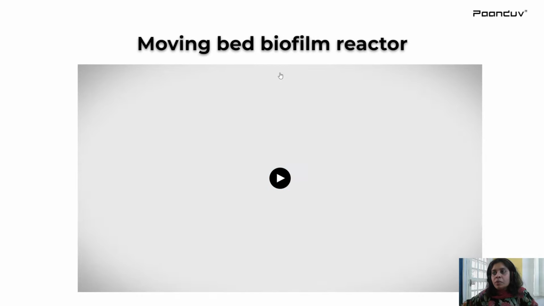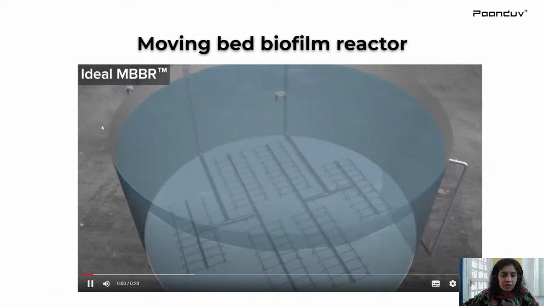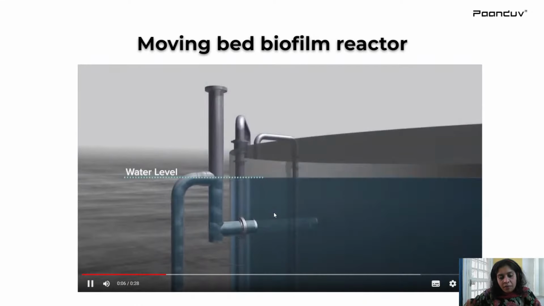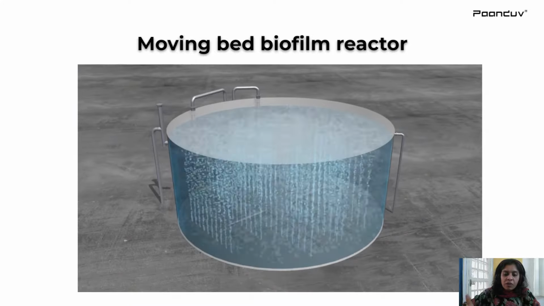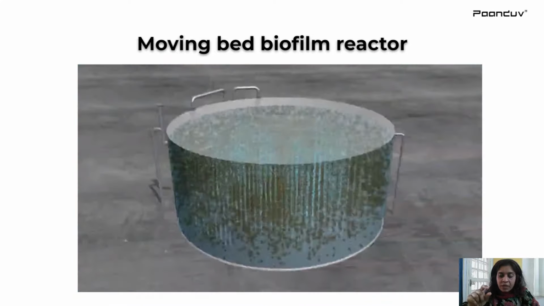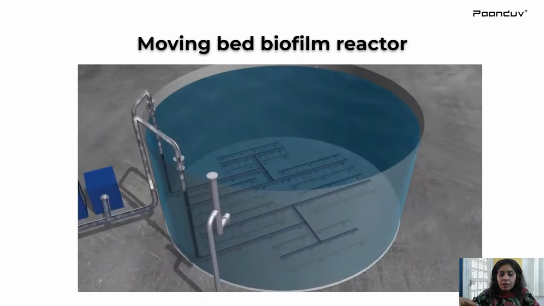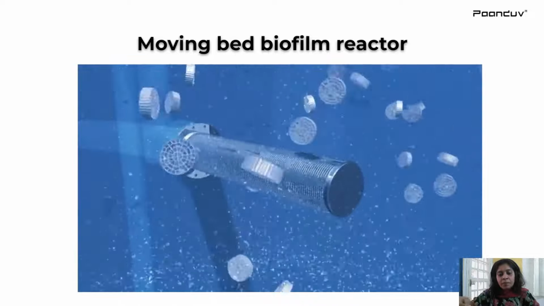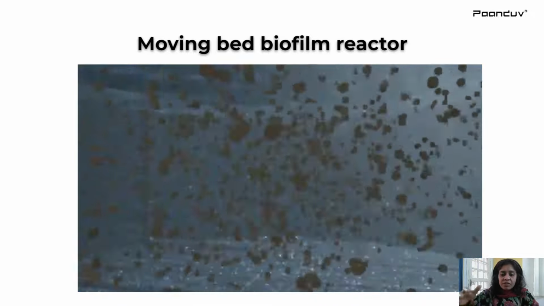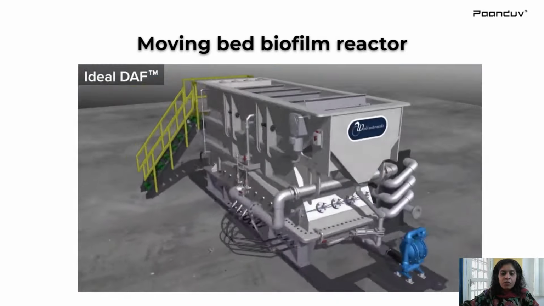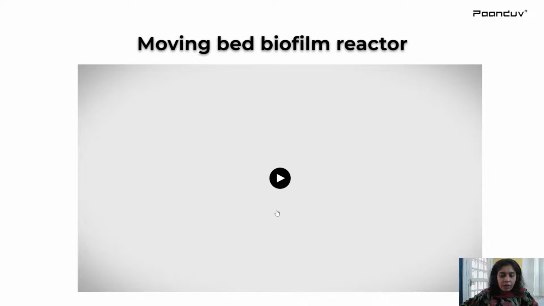Now coming on to the primary treatment part itself, but more on the advanced unit operations, which is the moving bed biofilm reactor. In this particular reactor, you have diffusers from where the oxygen will come out, and you have this biomedia. This biomedia will help microorganisms grow faster, and it will eventually settle down, and it can be removed further. The sludge will be removed, and you will have cleaner water at the end of the cycle.